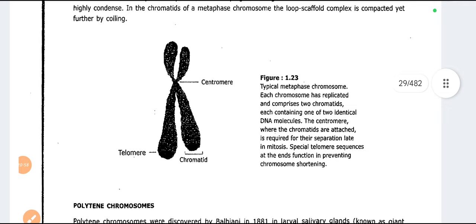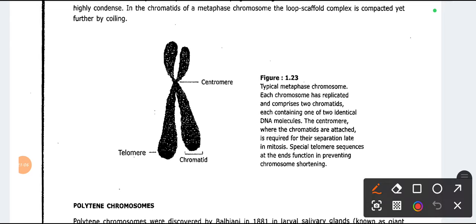So you can see the typical structure of a metaphase chromosome. Each chromosome has replicated and comprises two chromatids, each containing one of the two identical DNA molecules.